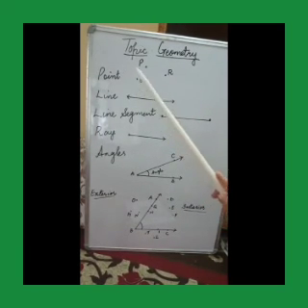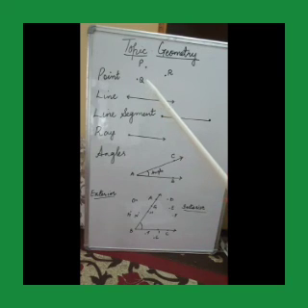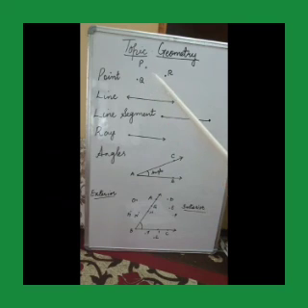What is a point? A point shows a definite position or location which cannot be moved. It is represented by a dot made with a sharp pencil on a sheet of paper. A point has no length, no breadth, no thickness.